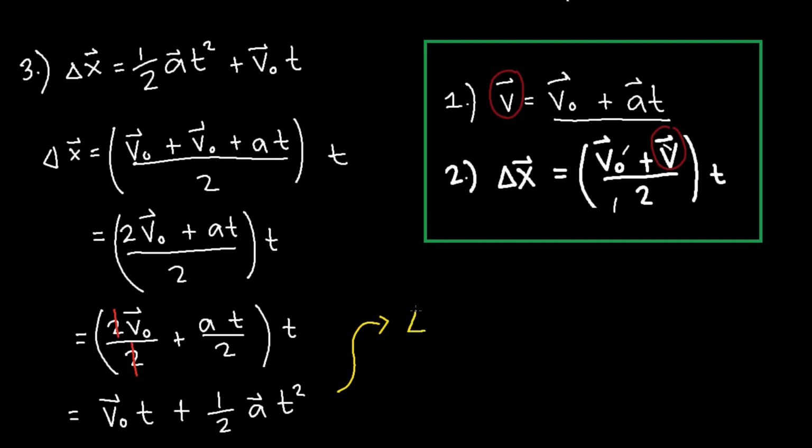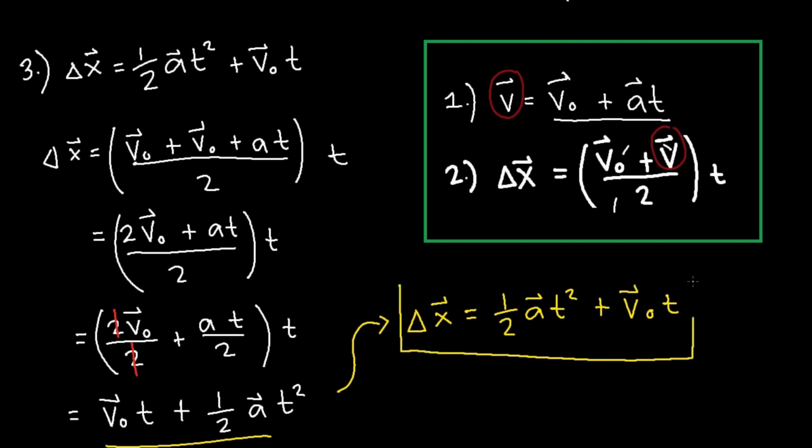Pero pwede ra gihapon kana ang inyong gamiton, dili man mag-matter as long as plus man ang gigamit. So this is just equal to 1/2 acceleration times time squared plus initial velocity times time. So ing-ani pagkuha sa third kinematic equation.